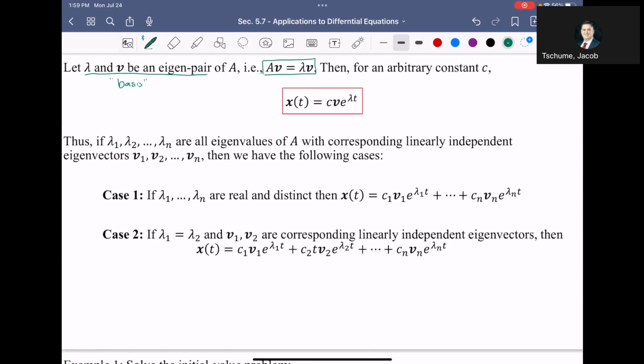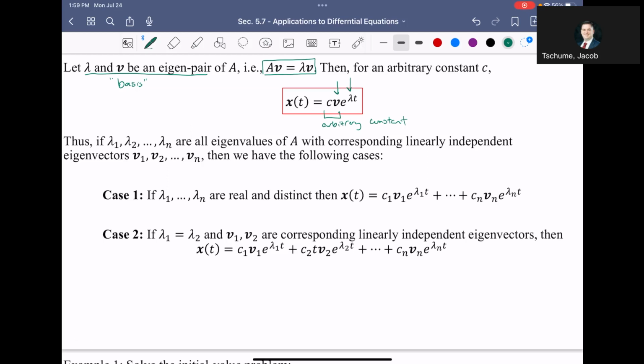We let lambda, your eigenvalue, be the constant in the power of e, and we let the eigenvector be part of the arbitrary constant in front, because the c and the v go together and combine into one arbitrary constant.